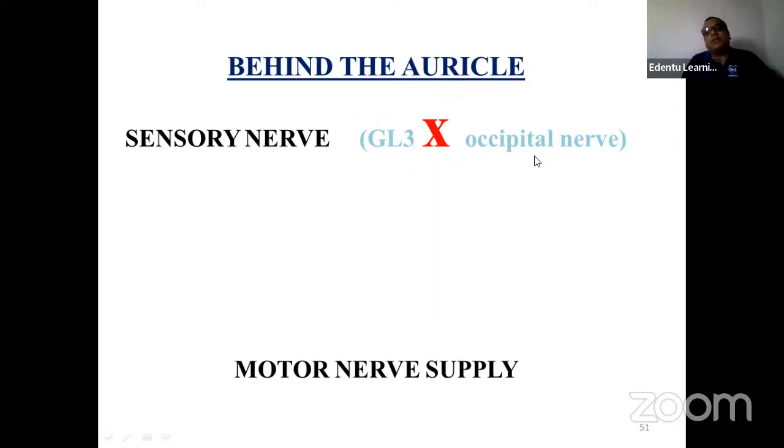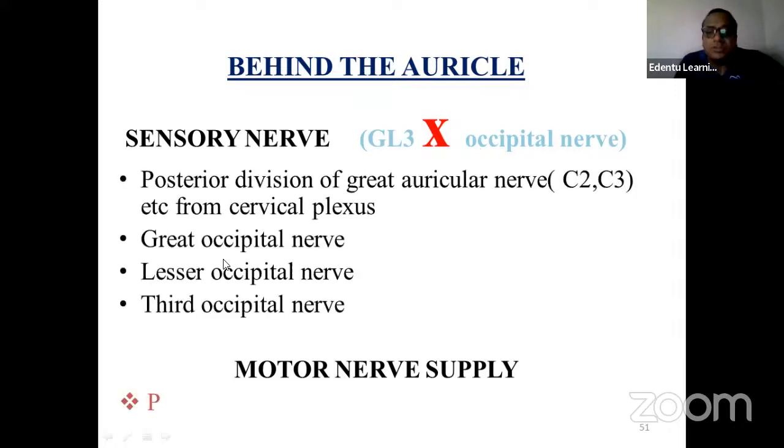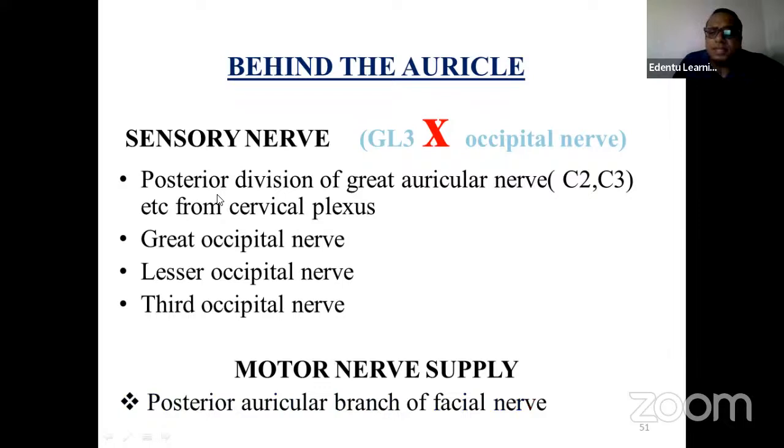Into means multiplication. That means G, greater occipital nerve, L, lesser occipital nerve, 3, third occipital nerve. And the 4th one to remember is the posterior division of great auricular nerve. These are sensory branches.